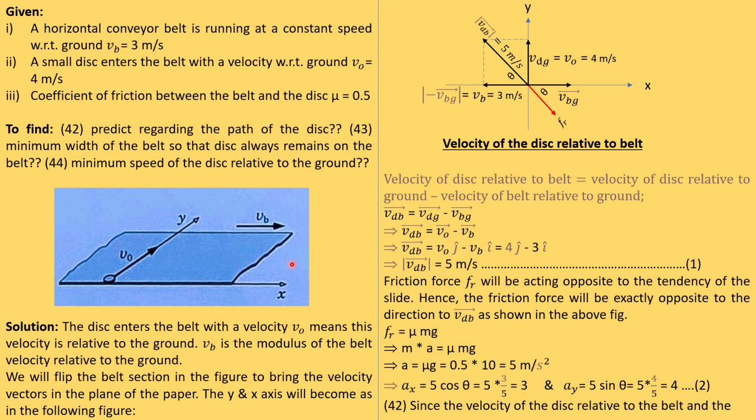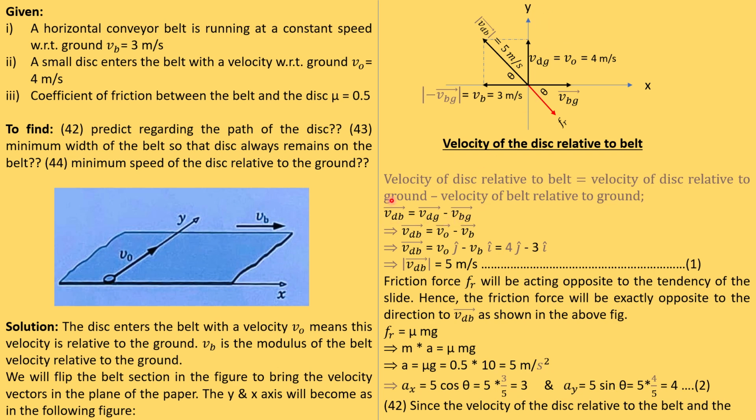If we flip x and y direction to bring it into this plane, this is the belt velocity relative to the ground in the x direction, and this one is velocity of disc relative to the ground, that is V0 in y direction.